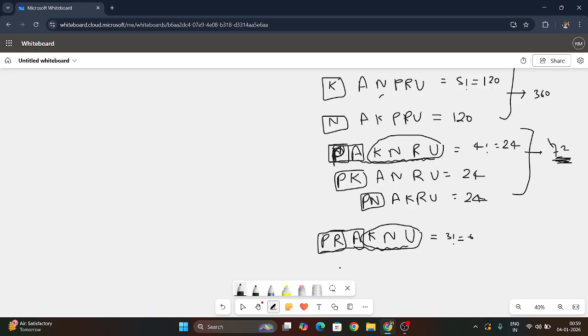Okay, so P R A K are now 4 letters going to be fixed, and you will get N and U. Okay, and this is going to be the seventh one. Add one, and P R A K is 4 letters, and just interchange these two, U and N, it is going to be again 1.